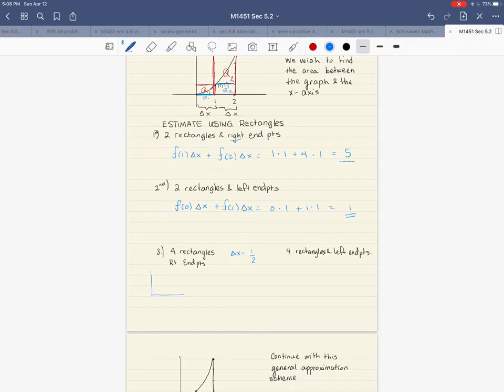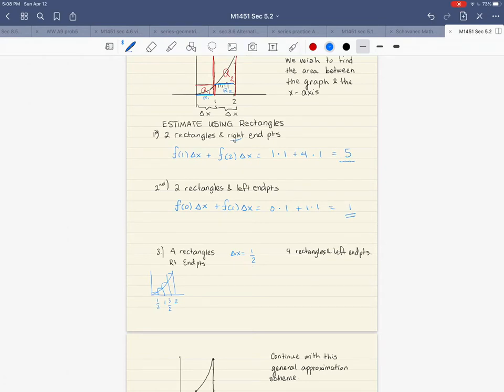So let's just go up here. So I've got the interval from 1 to 2. So here's one rectangle. Now I'm going to cut it to a half, and then 3 halves. And with right endpoints, I'm looking at these rectangles here.